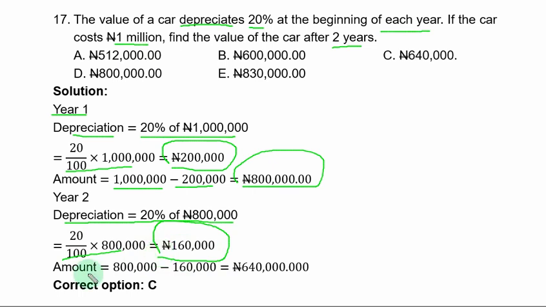Amount at the end of second year is 800,000 minus 160,000. That gives 640,000 naira. The correct option is C.